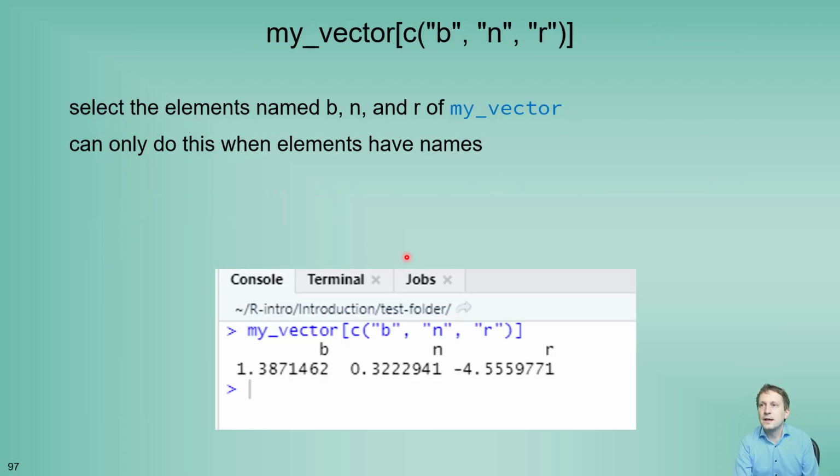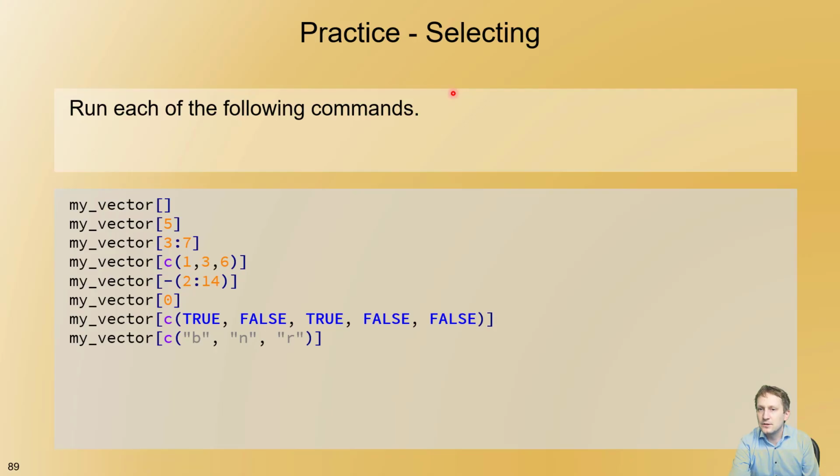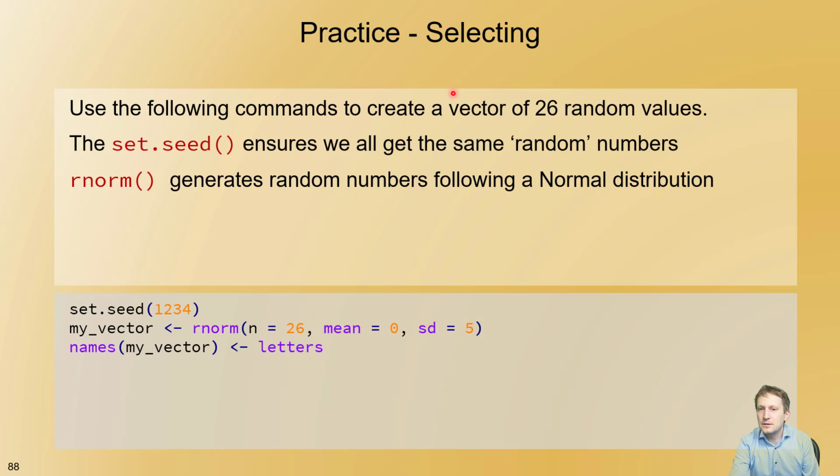My vector c("b", "n", "r"), what does this do? So we actually have a vector of strings being b, n, and r, and that addresses by name. If you go back to where we created my vector, you can see that we assigned names to each of the 26 elements.